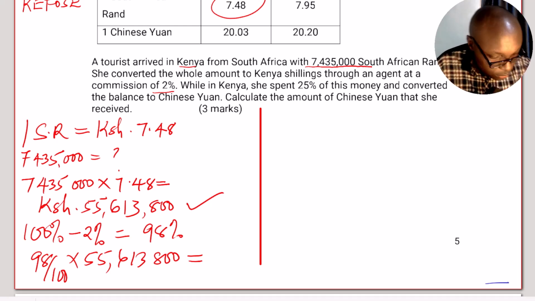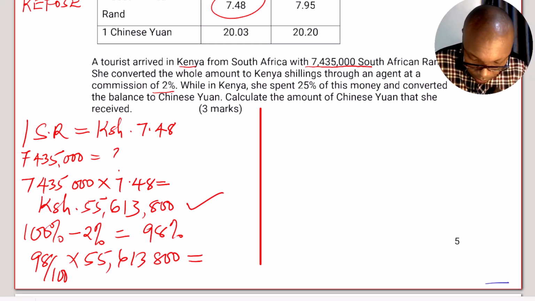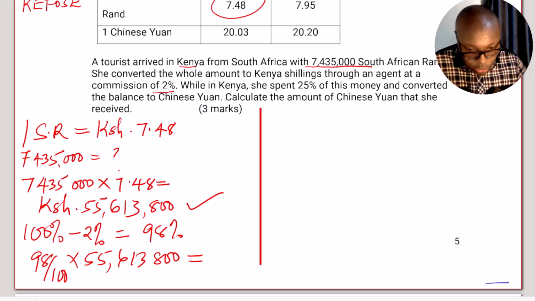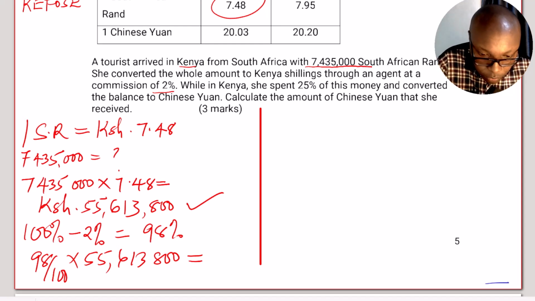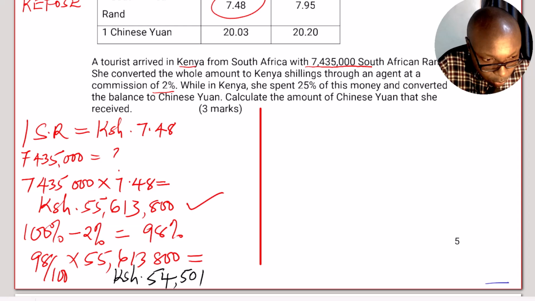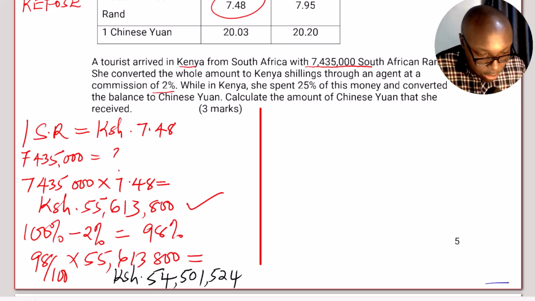And when you calculate it, 98% of this, so 98 multiplied by 55,613,800, she received 54,501,524. This is the amount she received.